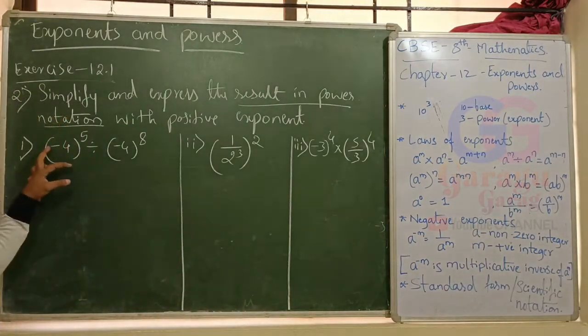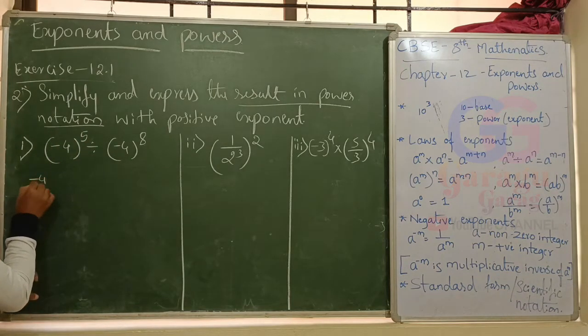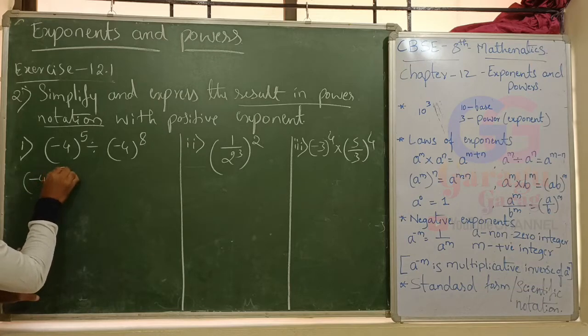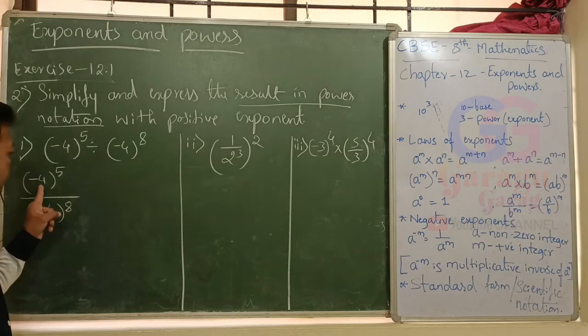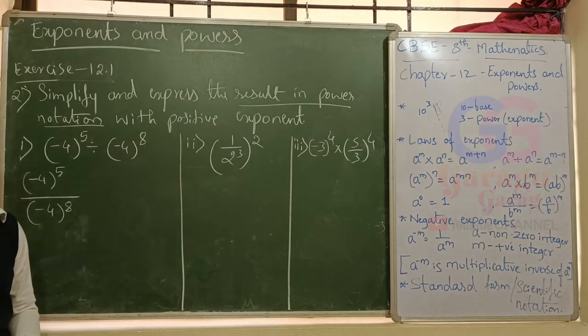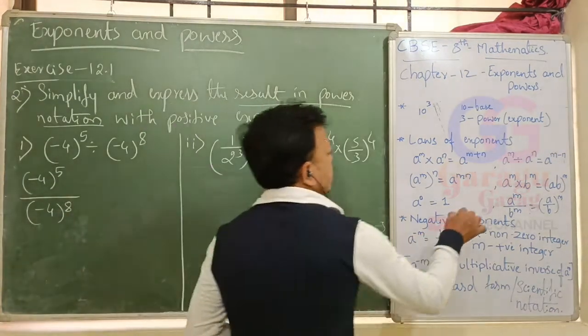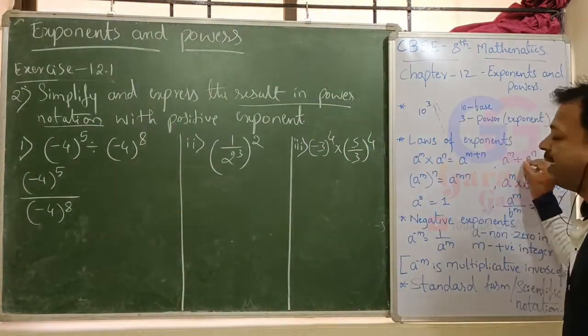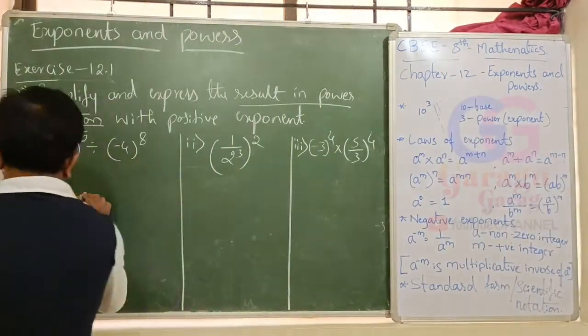So see here, minus 4 raised to 5 divided by minus 4 raised to 8. Which formula do we apply here? That is a raised to m divided by a raised to n equals a raised to m minus n.